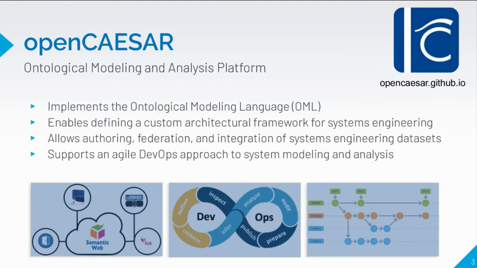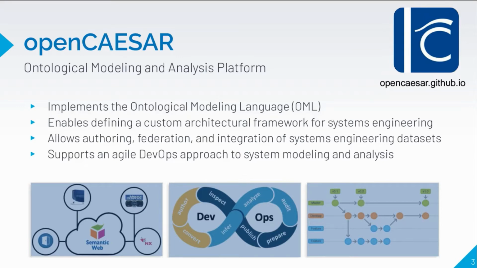But once you define this set of vocabularies, then openCAESAR has capabilities to give you the system engineering functions that you would expect: the ability to author models based on the vocabulary, the ability to fragment your models into separate data sets, give them to separate authorities, and then integrate them.